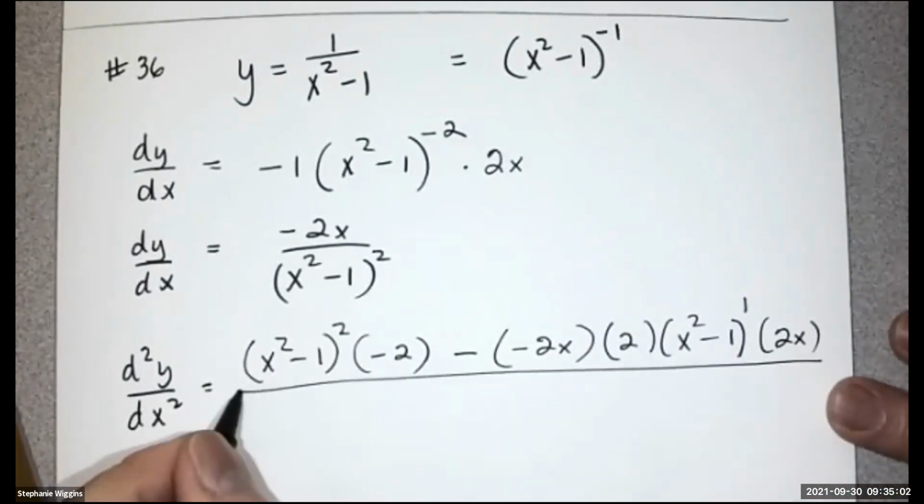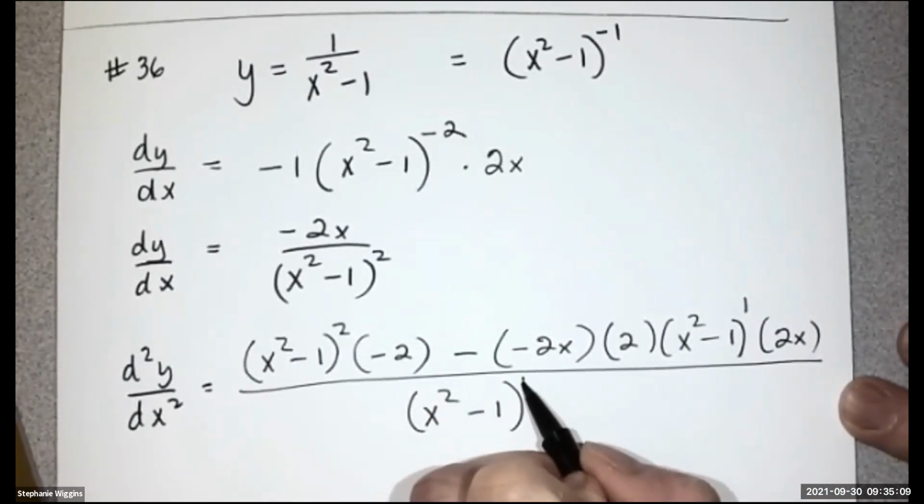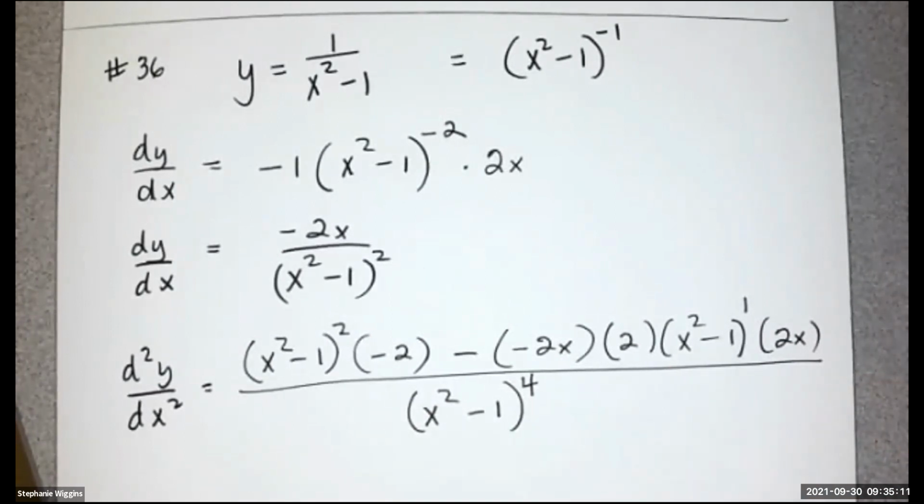All divided by the bottom function x squared minus 1 squared, but when you square that, you just have a power of 4.